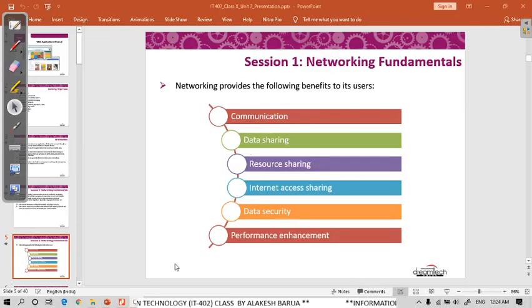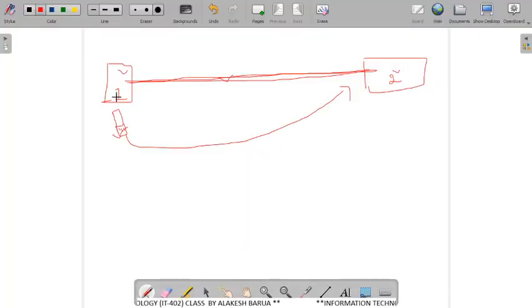Then data sharing. As I have already told you, if any data needs to be shared between two computers and they do it in an offline way, it will be very tedious. They can quickly do it if the two computers are connected over a network by using a single wire. So data sharing becomes easier. Let's say computer 1 has a file which is needed by computer 2.